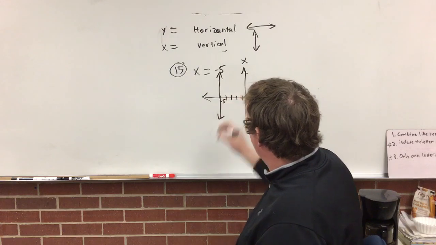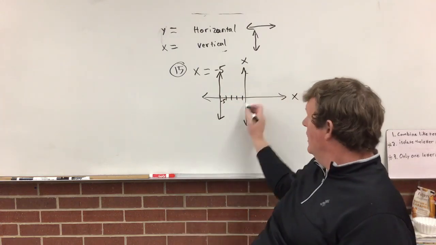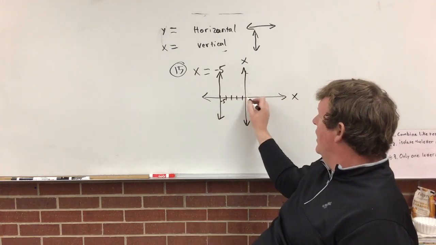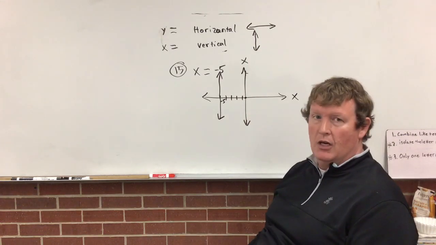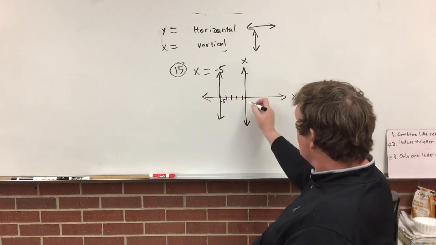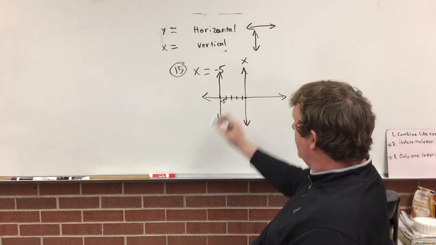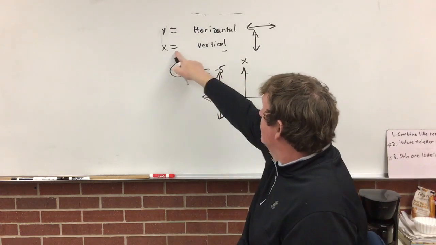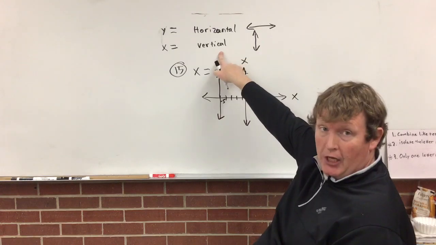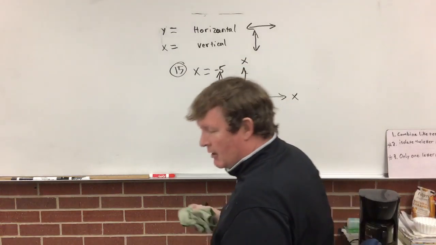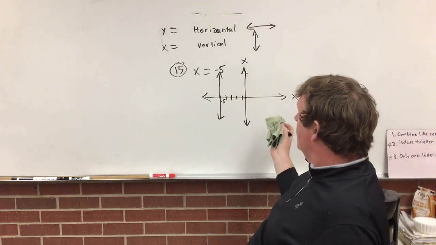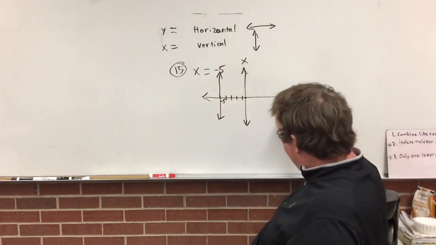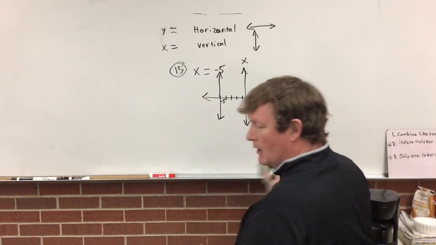Label it -5. That helps me out. It's 5 to the left of the origin. And then we have a vertical line, because whenever x equals something, we have a vertical line. So that's what number 15 should look like. There's your answer right there. Boom, that's it.